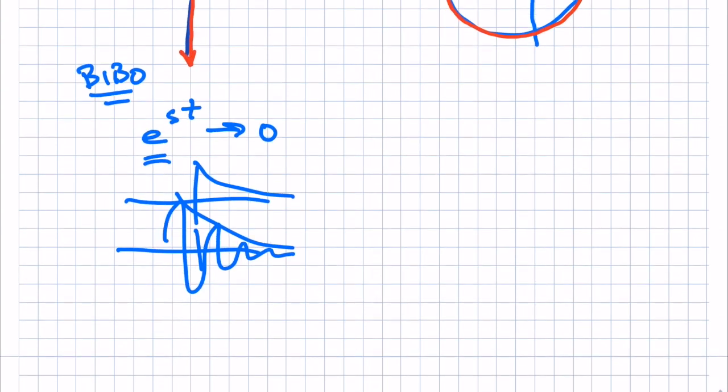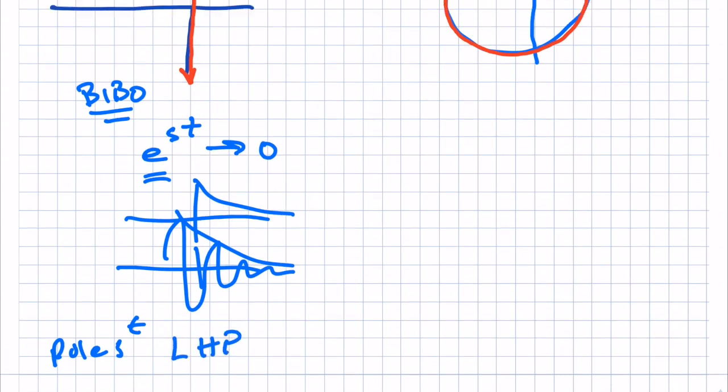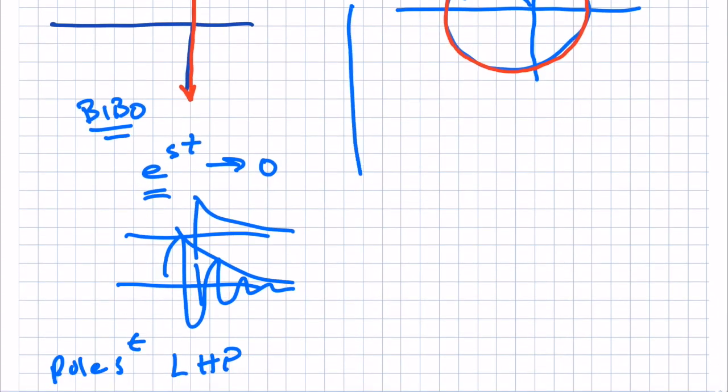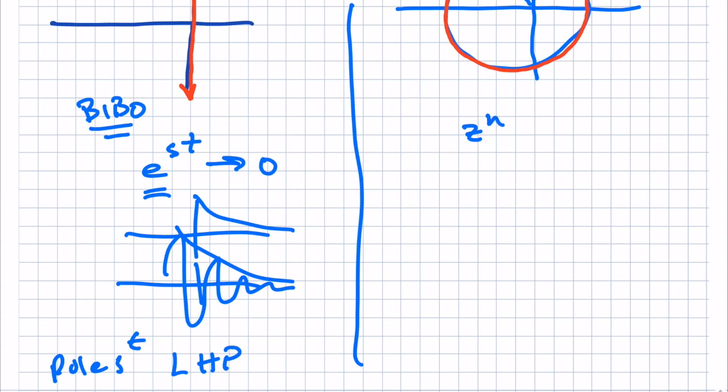Okay, so that means we need, for stability in s, all the poles have to be in the left half plane. So what's the counterpart over here? We're looking at z to the n, and we need that to vanish to 0.